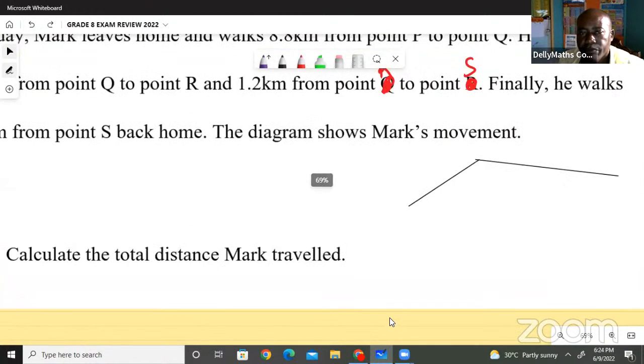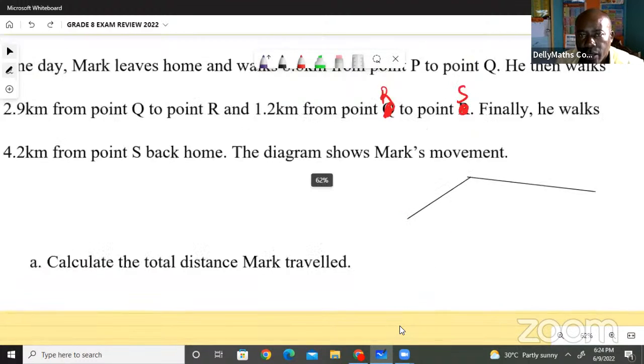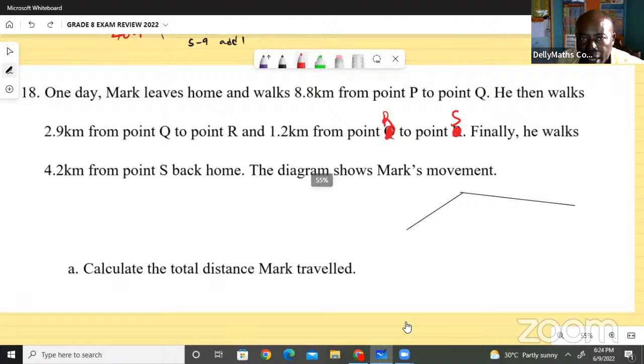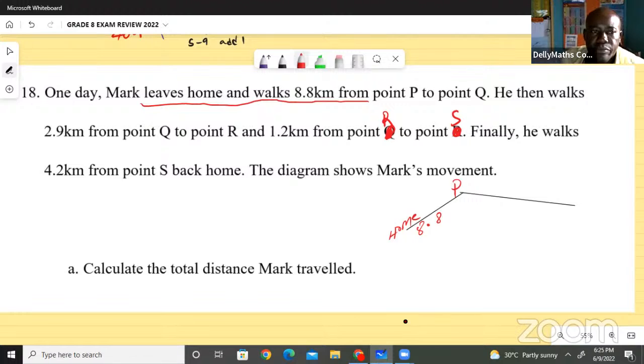If you want to put a diagram, you could quickly put a diagram there. So Mark leaves home and walks 8.8 to P. And then he moved from P to Q, and this is from P to Q, 2.9.